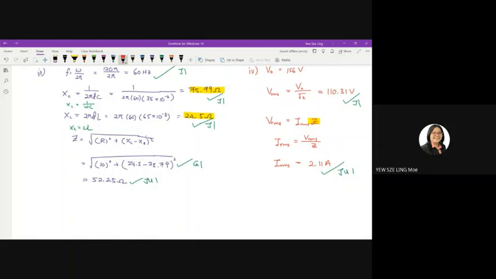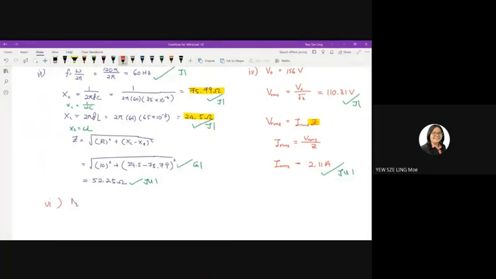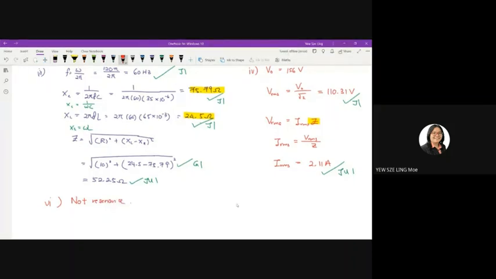Apparently, they are not equal. Therefore, for question 6, the circuit is not resonant. Justify your answer: because your XC is not equal to XL.